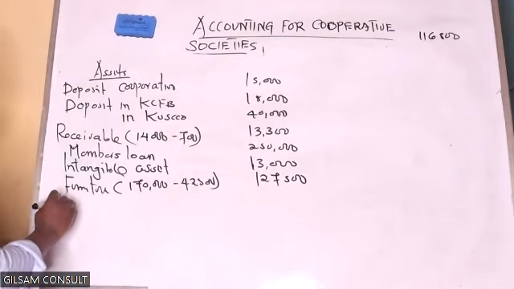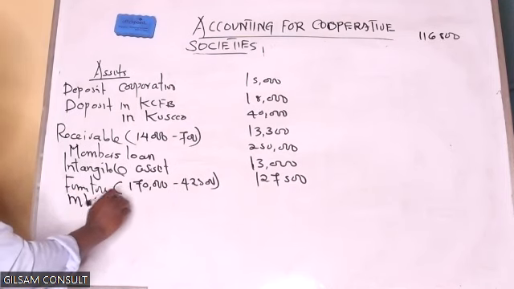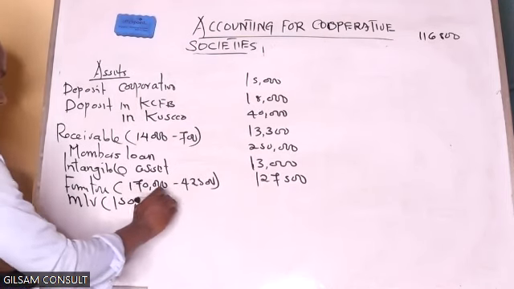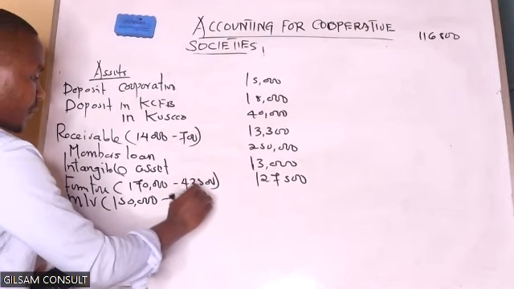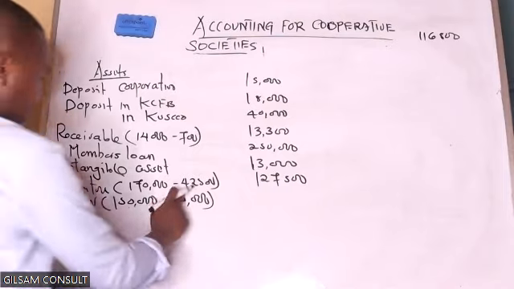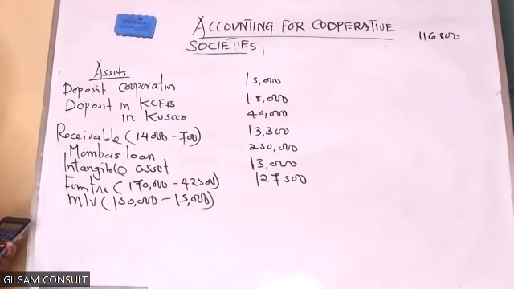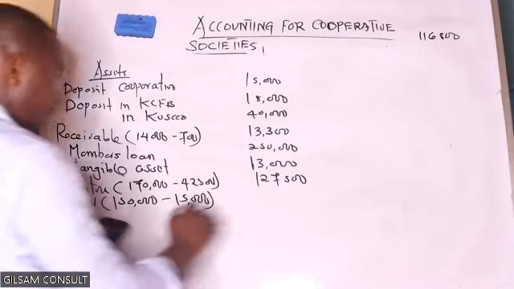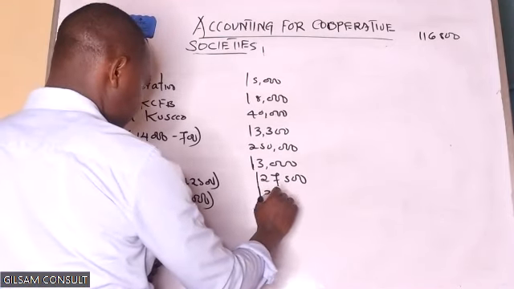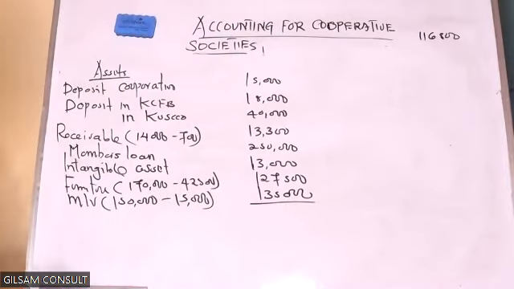What else? We add motor vehicle. The cost of motor vehicle is 150,000 less depreciation of 15,000, so we remain with 135,000. You can add for me and get the total asset.